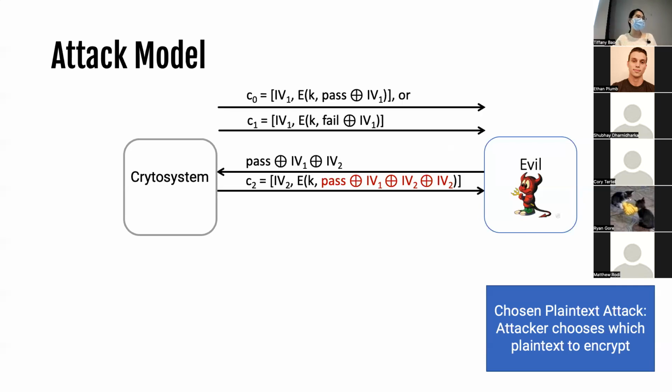I know this might look a little bit messy, but I will explain this step by step. Remember that at the beginning, the crypto system sends either C0 or C1, right? So the crypto system sends one of those two possible messages.